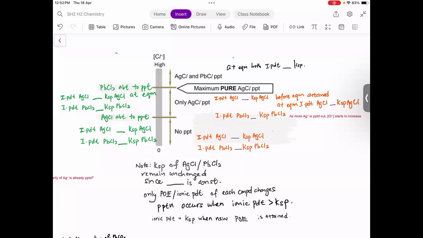After you're done with copying, can you try to fill in the blanks? That is the whole process.